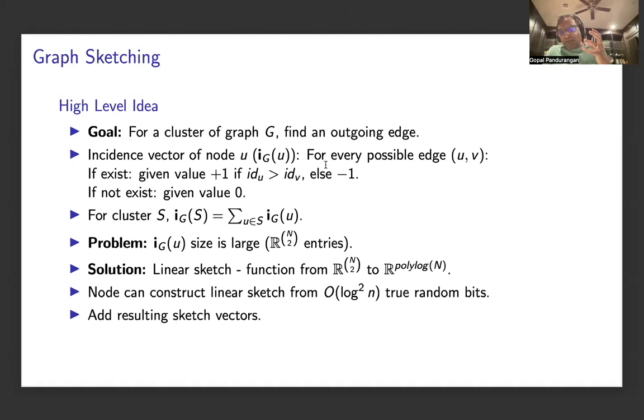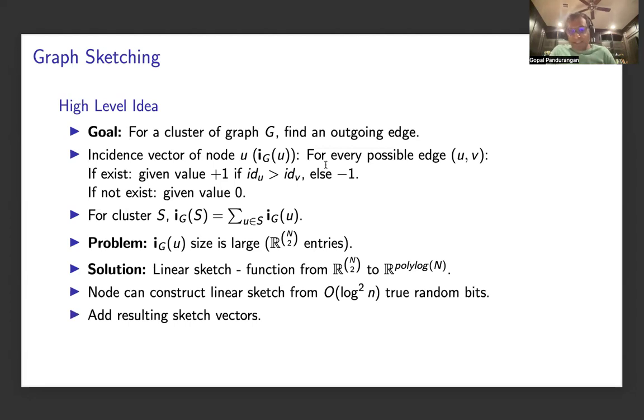So you don't need too much randomness; just using log squared n random bits, you can construct a sketch. A sketch is a much compressed representation of the incidence vector of n choose 2 bits. So each node constructs its sketch using its adjacency list and these log squared n random bits.